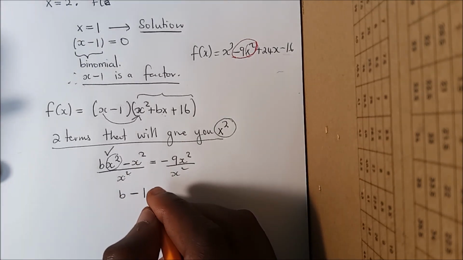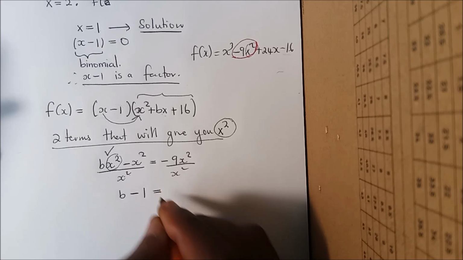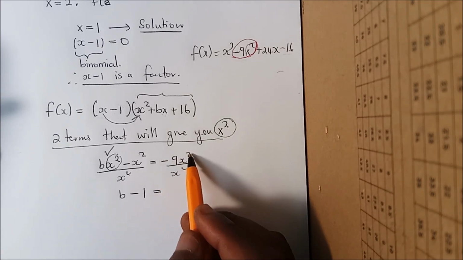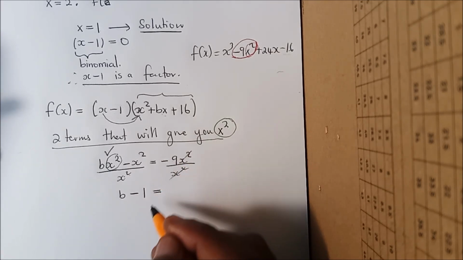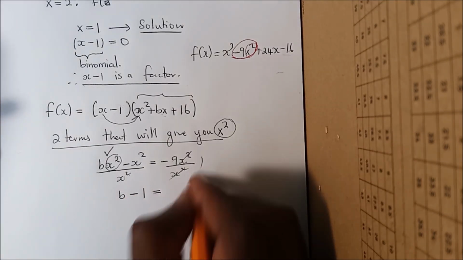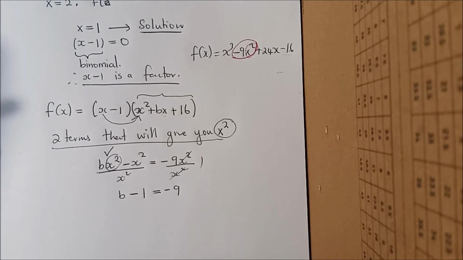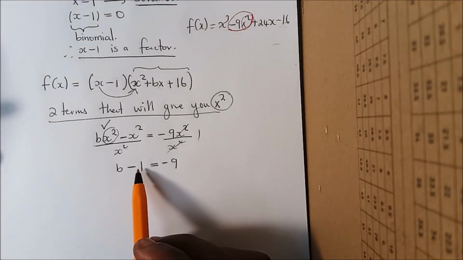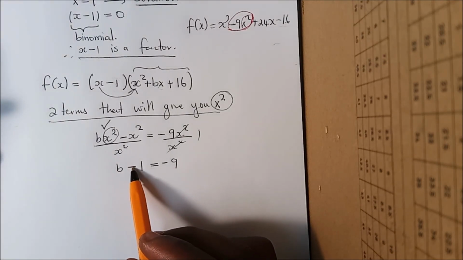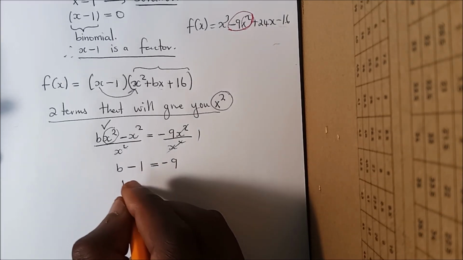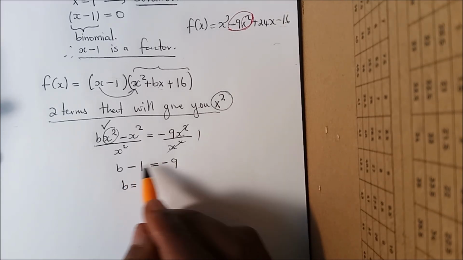Don't make the mistake and say it's 0. So equal to negative 9x squared divided by x squared. The x squared will not cancel; the answer will be 1, and then we will have negative 9. So now to get b, you have to transpose the negative 1. If you take the negative 1 to the other side, you will have negative 9 plus 1.